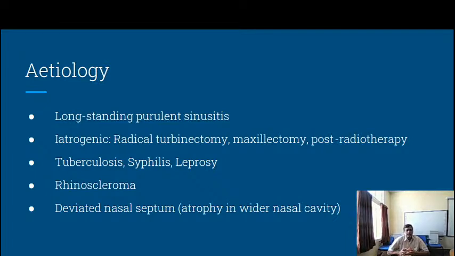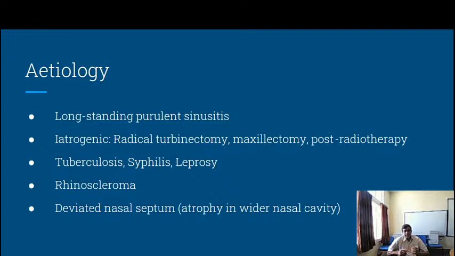As you know, during chronic infections, the inflammatory process is continuously happening and produces chronicity, wherein the nasal mucous membrane or the maxillary sinus mucous membrane becomes altered into another kind of mucous membrane which can resist the infection, which is called metaplasia.